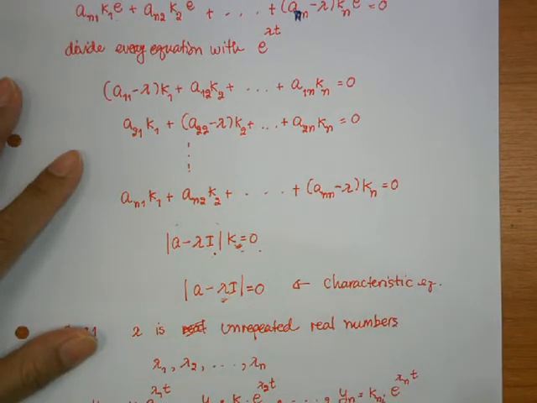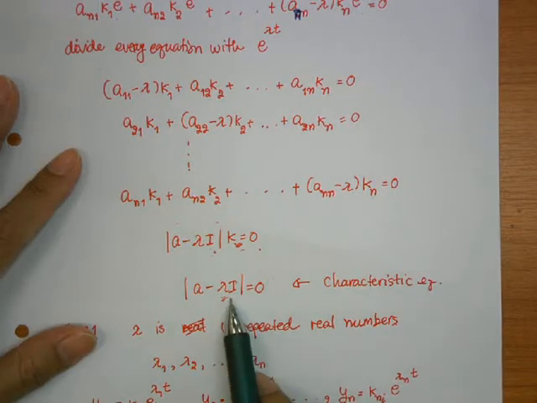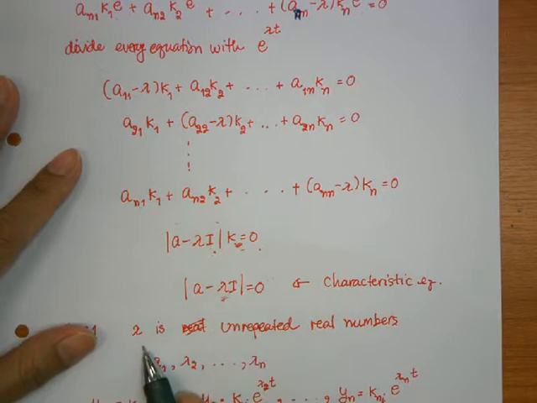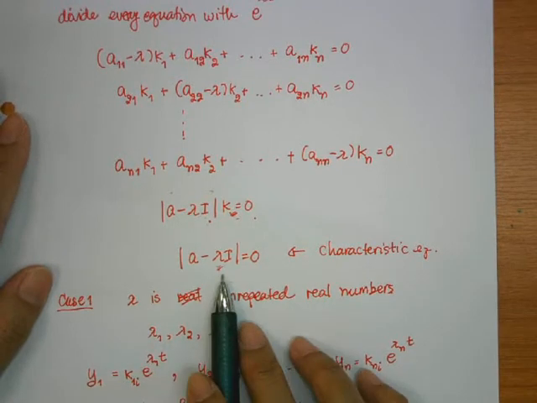From this, we can find lambda, because A we know, I is the identity matrix, right? So from this, only lambda we don't know, and lambda would be a number.